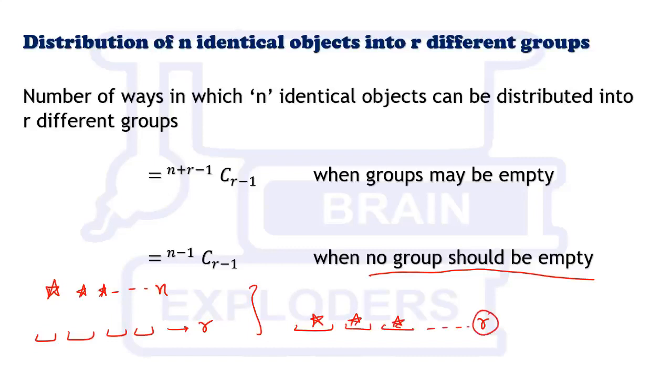Now we still have to distribute some of the stars in r groups, but the number of stars this time is n minus r, because r stars are already distributed, and the question is changed to distribute the n minus r stars into r different groups. So it can be done in (n minus r plus r minus 1) c (r minus 1), and r gets cancelled out and we get (n minus 1) c (r minus 1), which is written in the formula.